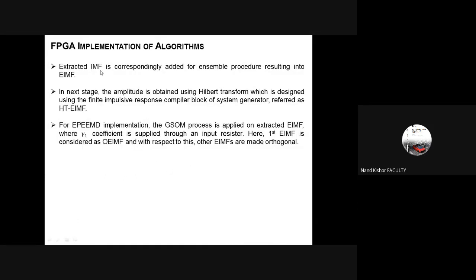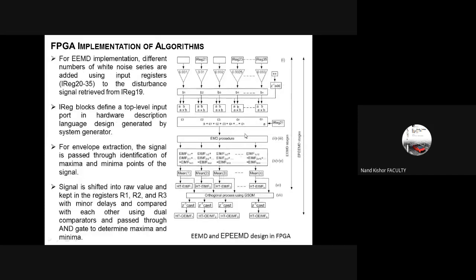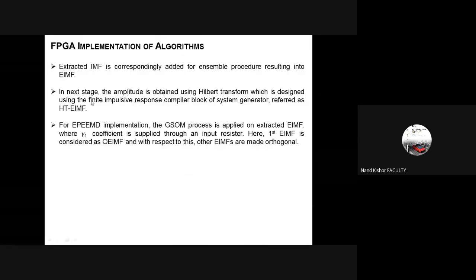Now, the extracted IMF is correspondingly added for the assemble process, because if you remember, in the previous slide I said that up to this part here we have the EMD, and then it comes to the assemble part. So we do that.